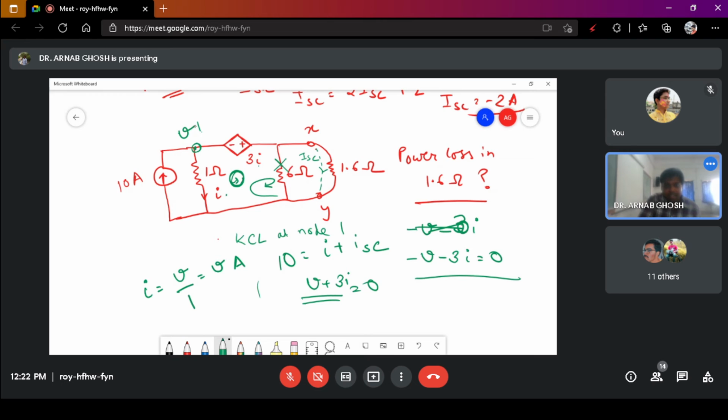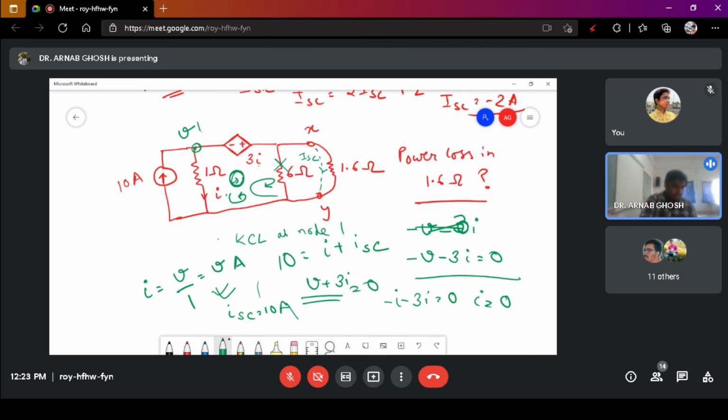I am taking the current direction in the clockwise manner, and the voltage across this branch is V, the voltage across this is 3I, positive to negative in the direction of current. Since V is equal to I from this equation, minus I minus 3I is equal to 0. That is, I is coming out to be 0. If I is 0, what is ISC coming out as? ISC is coming out as 10 ampere.